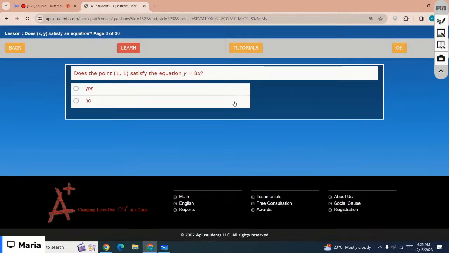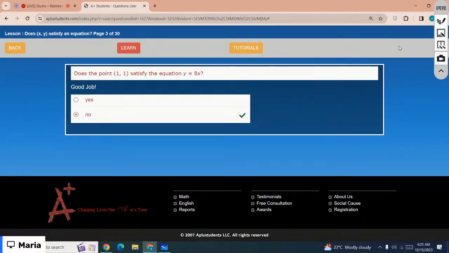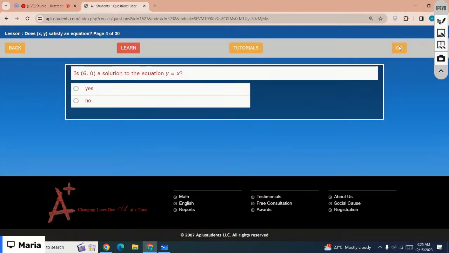So the correct option is no. Is (6, 0) a solution of the equation y equals x? The correct option is no. (6, 0) is not the solution of the equation.